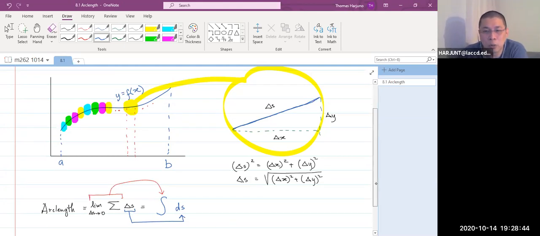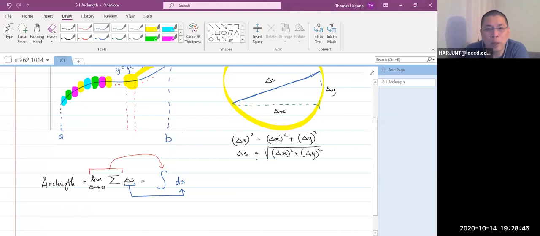So in other words, if we look back to this equation here, if I make the difference of S a lot smaller, then this becomes dx squared plus dy squared in the limit condition.